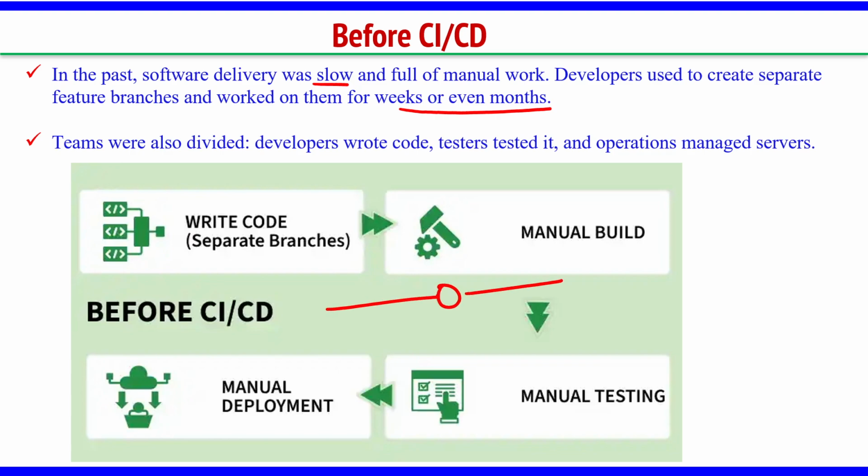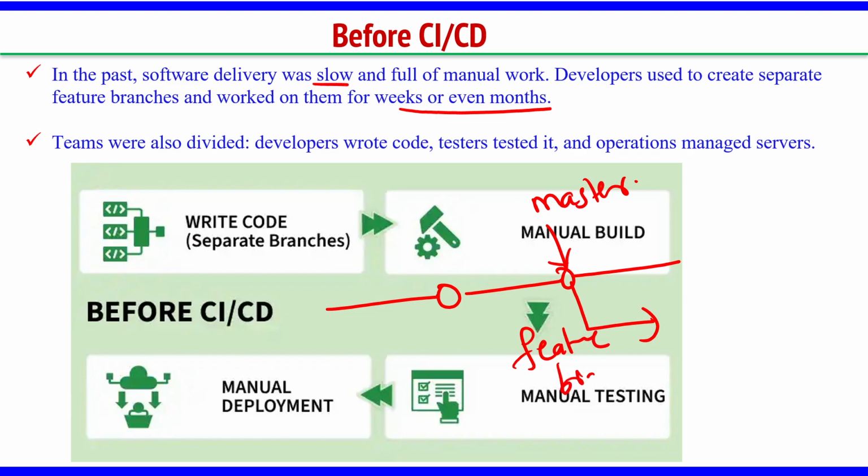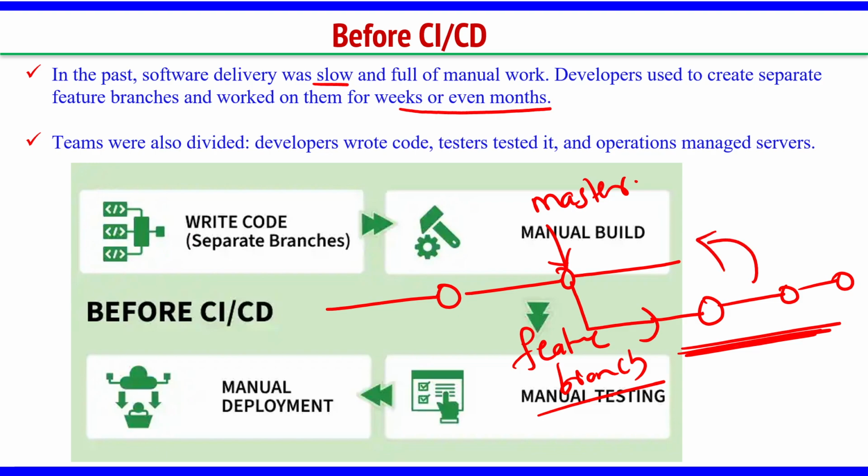In Git we have a main line. This is my current, this is my master. If I want to make some changes as a developer, if I want to add a new feature, we used to create a feature branch, and we used to work on this feature branch. We used to do so much work in this feature branch for so many weeks or months, but we were not focusing on bringing it back to the main line.